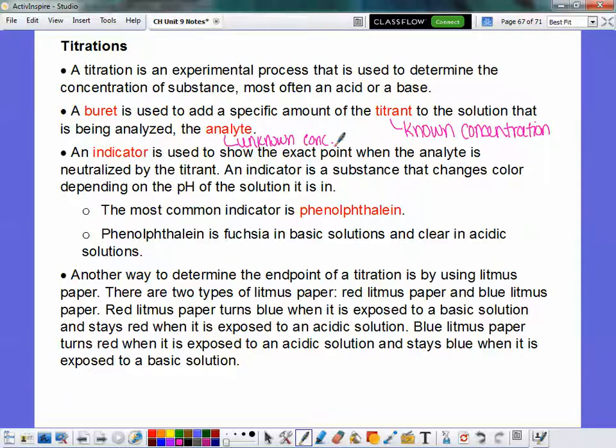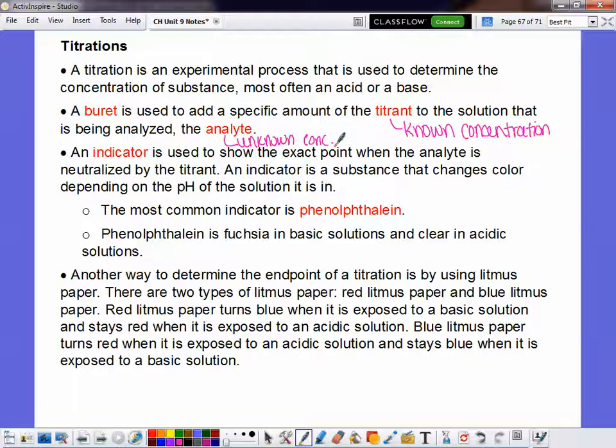Oftentimes, an indicator is used to determine the exact point at which the reaction has occurred, like when they've been completely neutralized. An indicator is a solution that will change color depending upon the pH that it's in. The most common indicator that we use is phenolphthalein. I know that word looks crazy, and there's 5 consonants in a row, but that is spelled correctly.